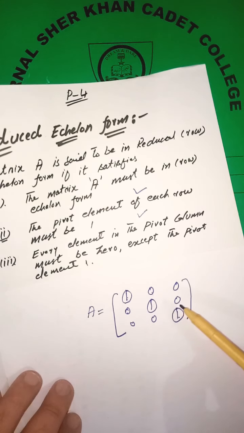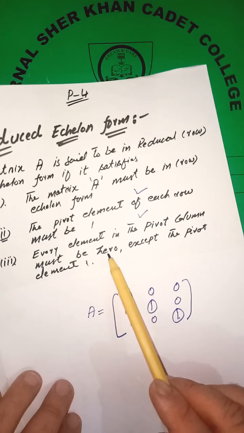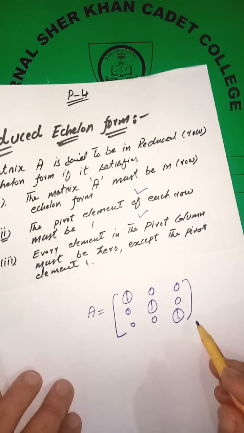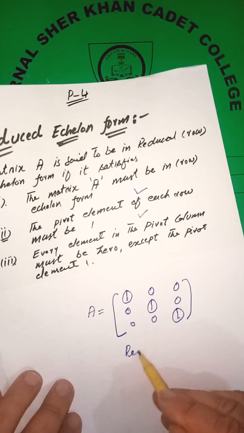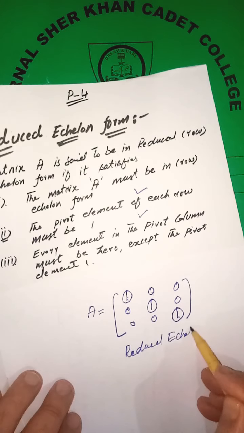In the third column the pivot element is 1 and the rest are 0. So that is called reduced echelon form.